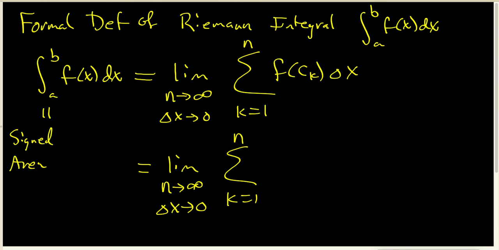And now I'm going to go into the informal stuff. This is the height of the kth rectangle. That is the width of the kth rectangle. So we are looking at the area of rectangle k.